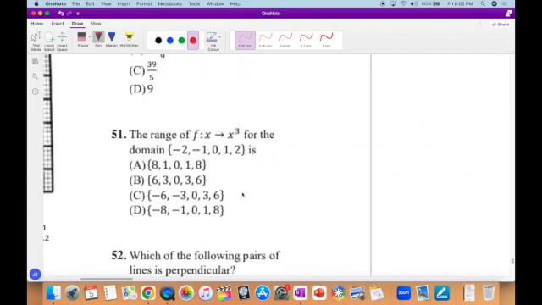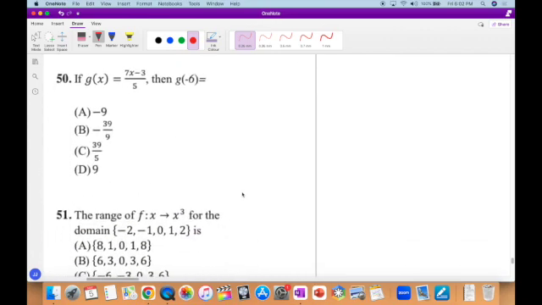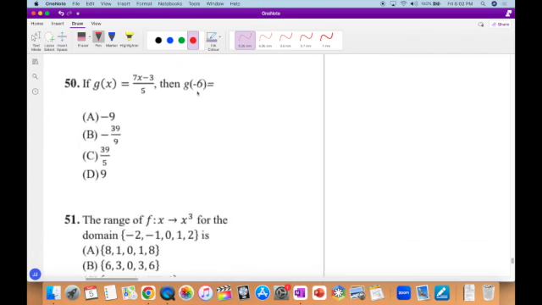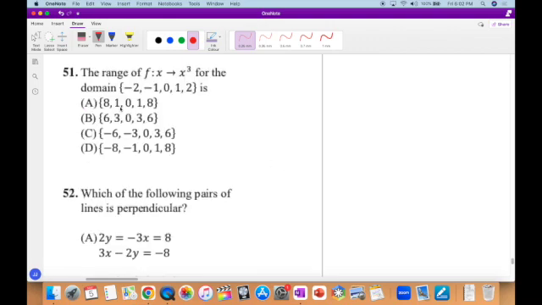49, so let's go with 50 now. We are dealing with composite functions. The g of negative 6 will be 7 times negative 6 minus 3 over 5. So 7 6s, that's minus 42 minus 3 over 5, which is minus 45 over 5, which is negative 9.